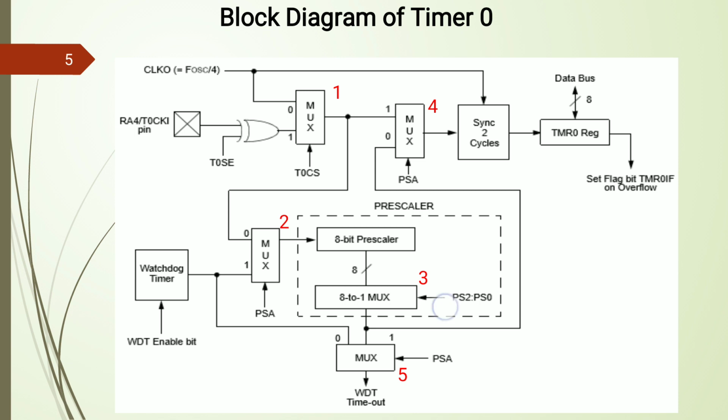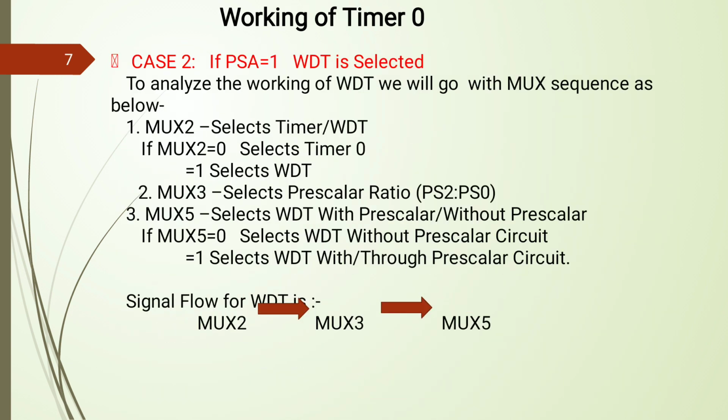This is the working related to the watchdog timer if we have selected the watchdog timer. Same bits are there: mux 2 timer or watchdog timer is selected, mux 3 prescaler ratio selected, mux 5 with or without WDT is selected. So this is the working of timer 0.